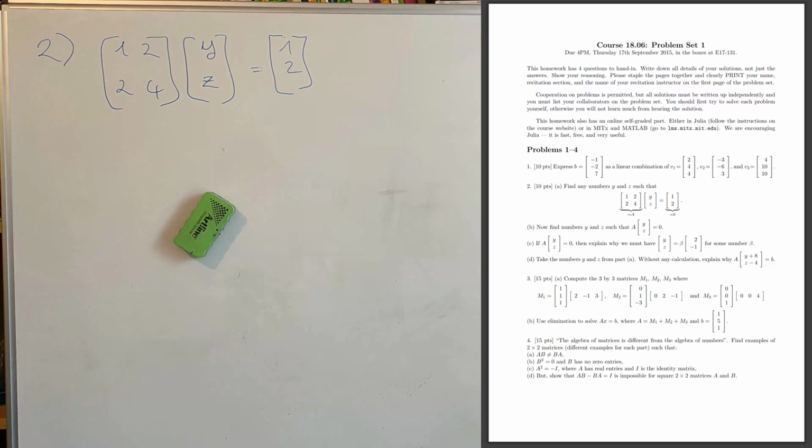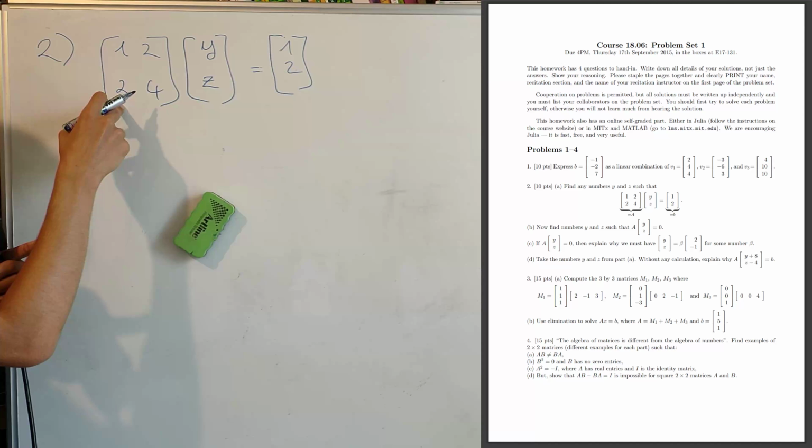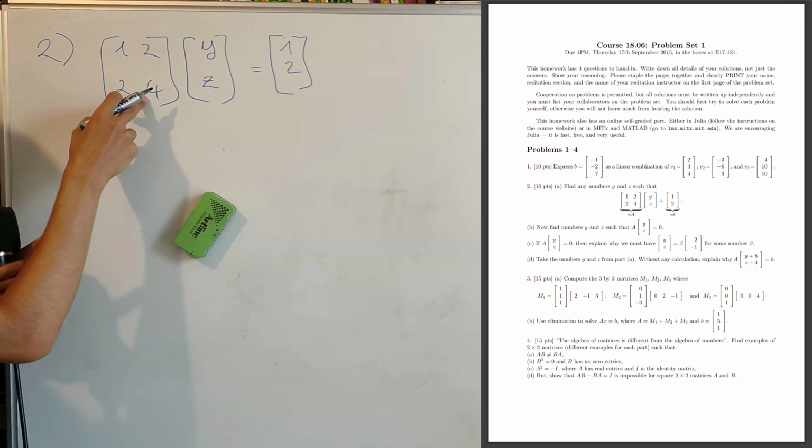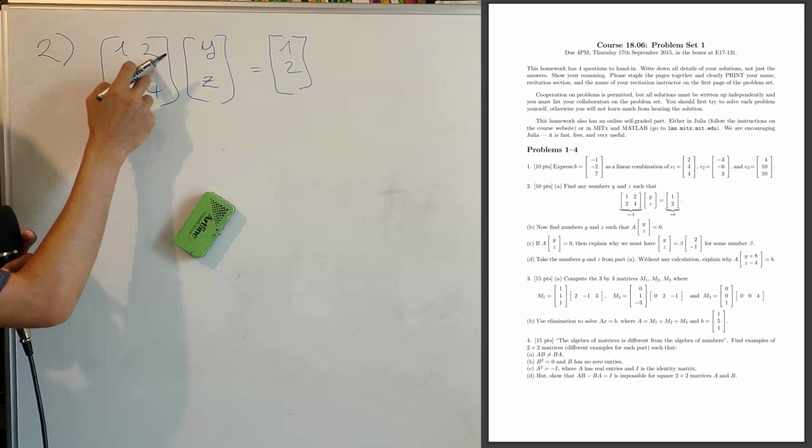So y is 1. So 1 plus 8, yeah, it's 9 minus 4. It will be 9 of this, so 9 and 18 minus 16 is 2, and 9 minus 8 is 1.